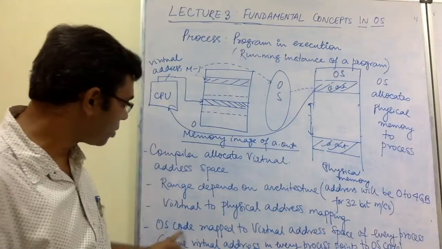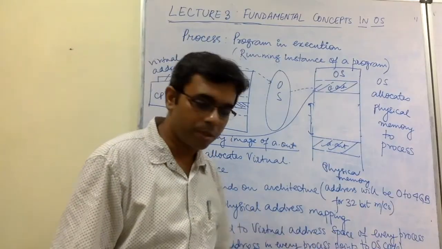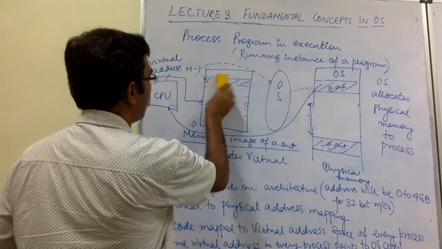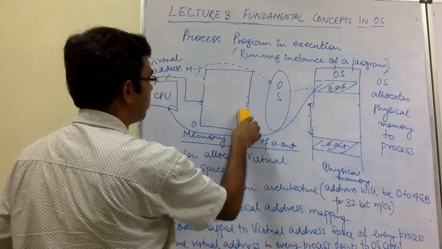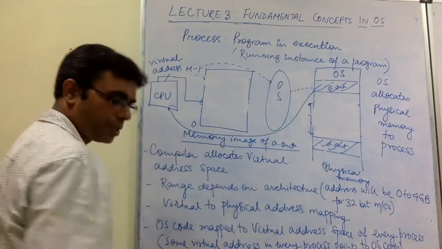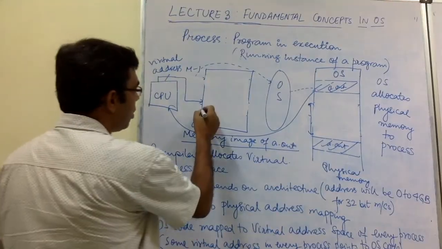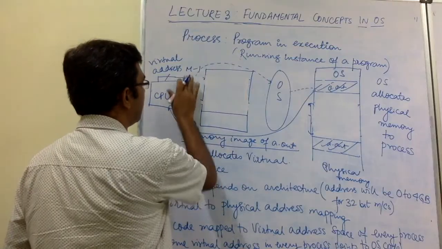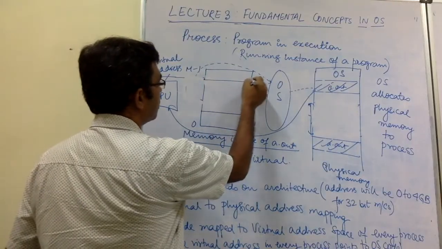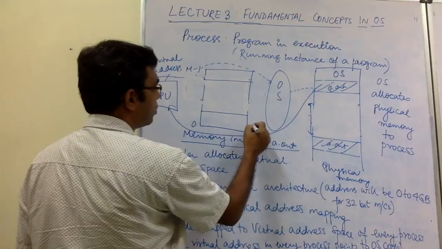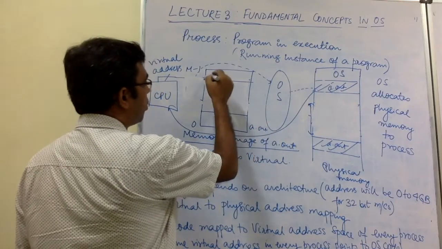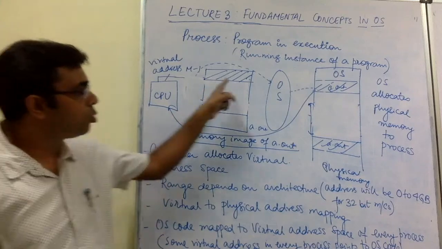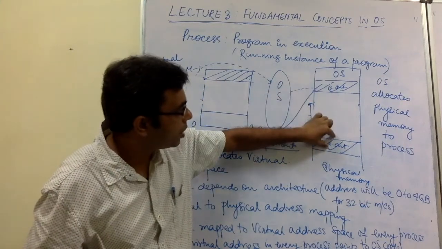As you find here, the OS code is mapped to the virtual address range, which means that some portion of this virtual address space of this process called a.out is actually pointing not to the address locations of this range of address.